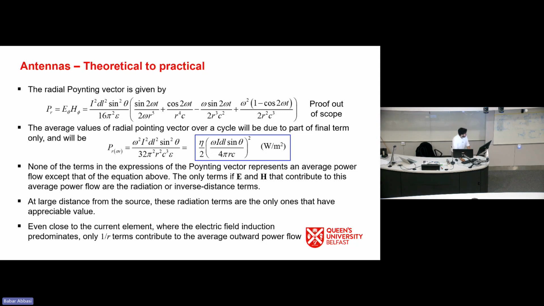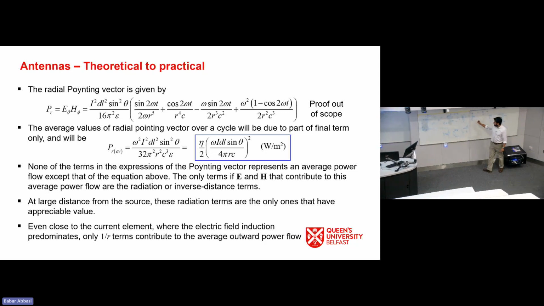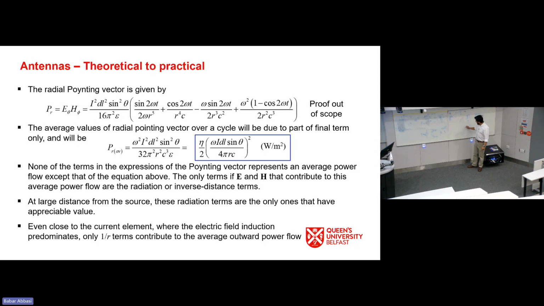Okay, so very, very practical thing. If we know that there is a fictitious dipole here, and if I am interested in how much power I will get in this aperture area, P, then I can calculate it.